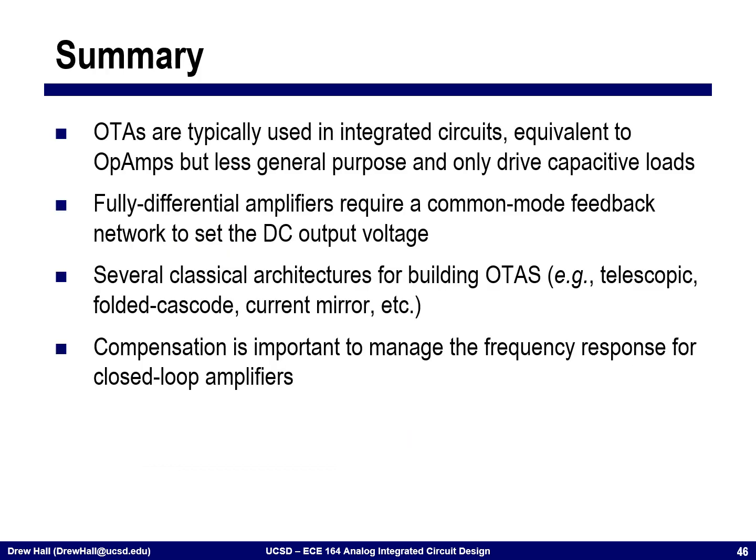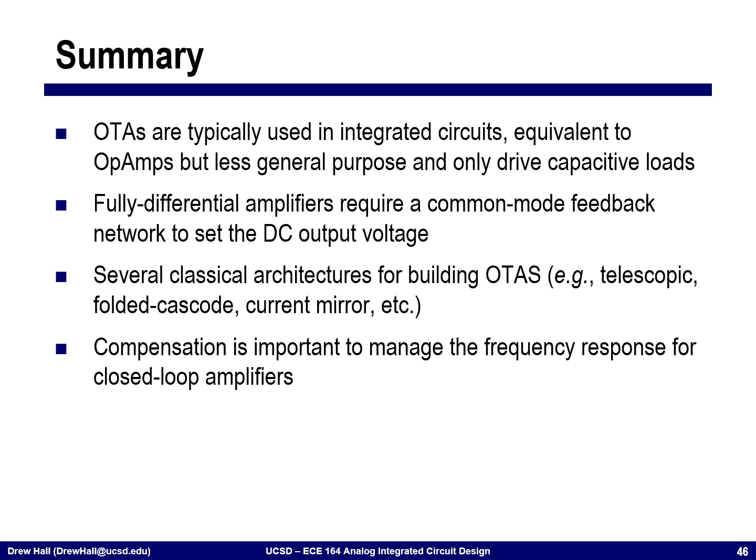All right, to summarize this lecture, OTAs are very often used in integrated circuits. They're similar in function to an operational amplifier, but much less general purpose, and they only drive capacitive loads. We talked a lot about fully differential amplifiers and why they require a common mode feedback network in order to set the DC output voltage.